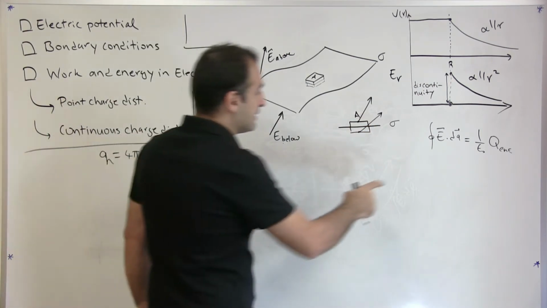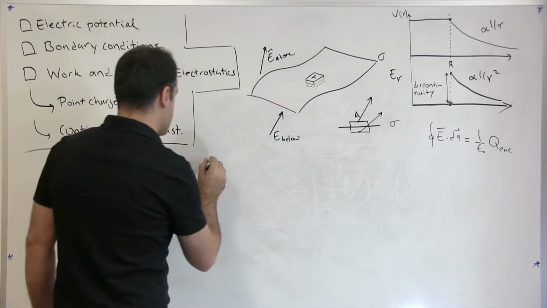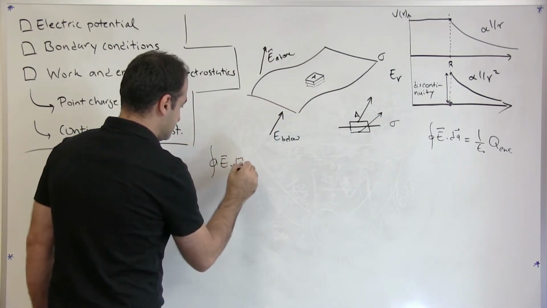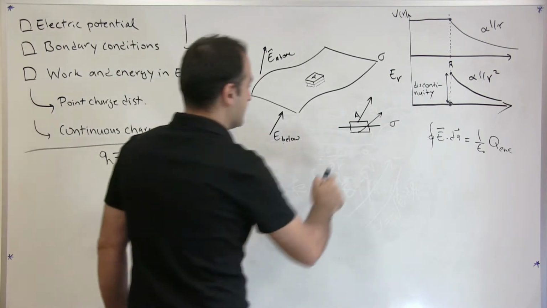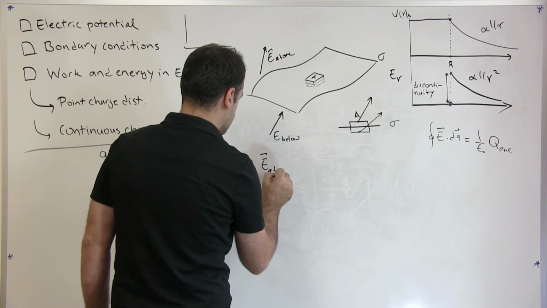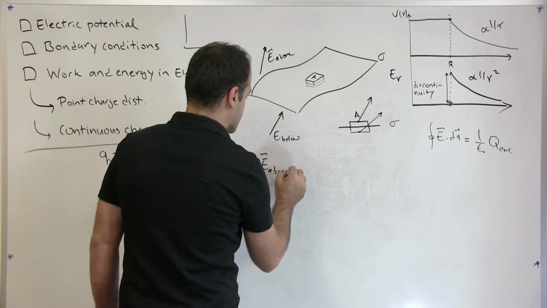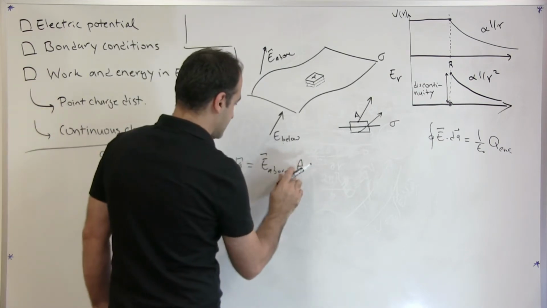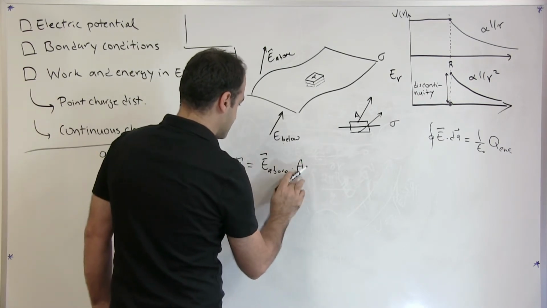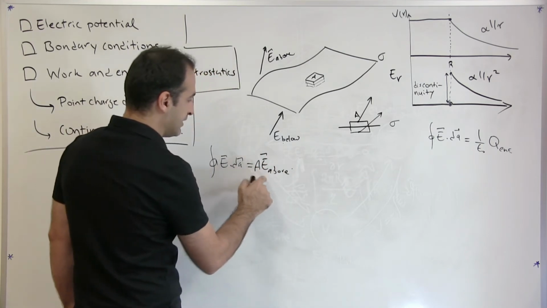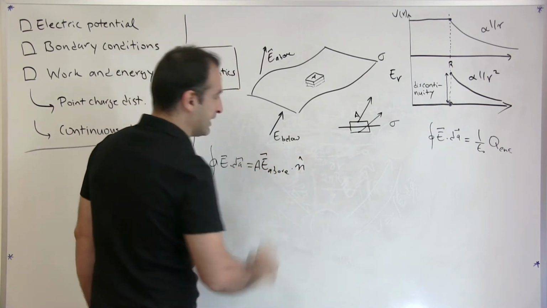Okay, and this integral of E dA is the integral of E above times A, which is the surface area. A is a scalar, so let me write A here. A times E above times n hat.